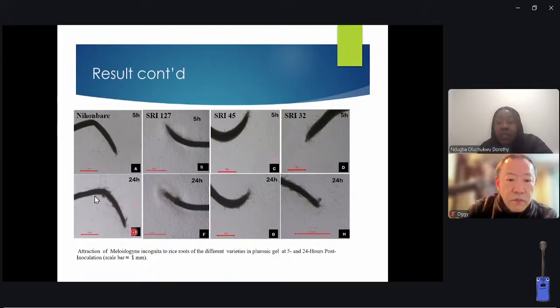But after 24 hours, we could see the difference: there are a lot of nematodes gathered on the root tip compared to when it was 5 hours.